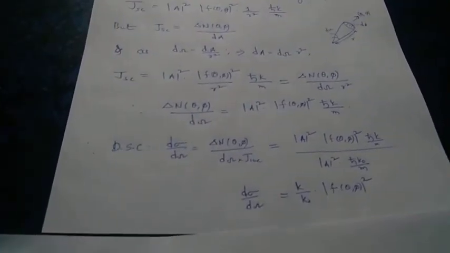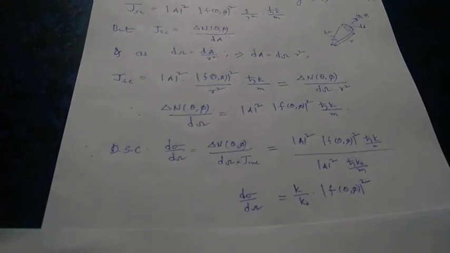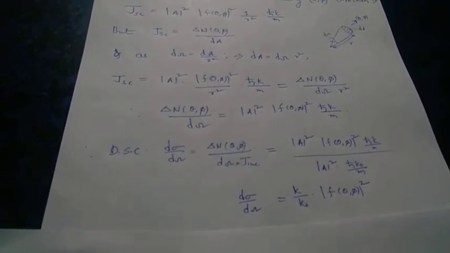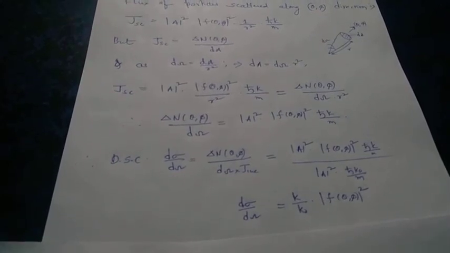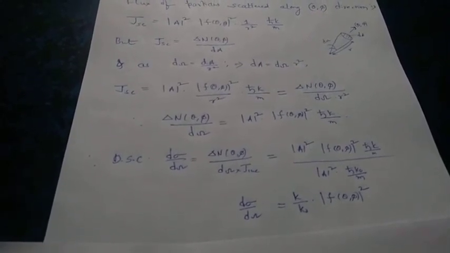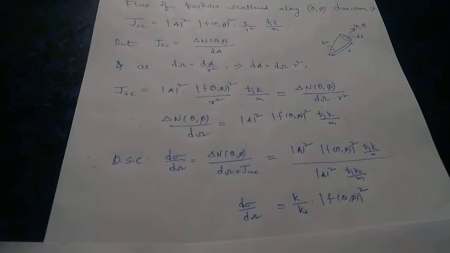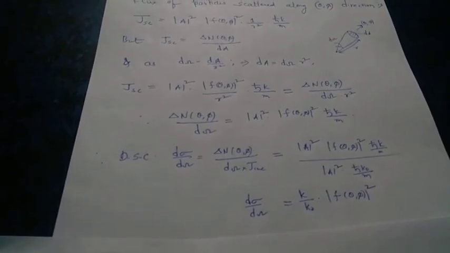Finally we get this expression for d sigma by d omega in terms of the scattering amplitude. And this is the relationship between differential scattering cross section and scattering amplitude. That's it in this video, and thanks for watching.